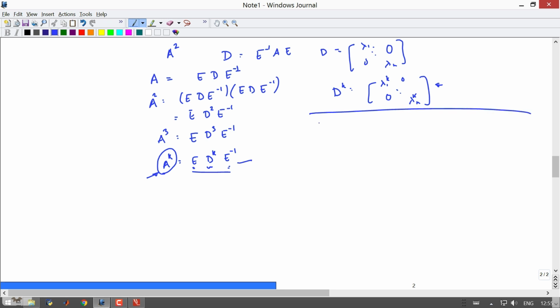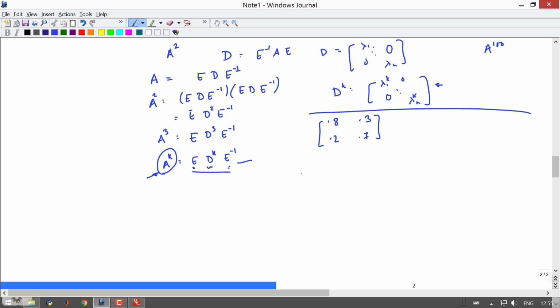If I come back to the Markov matrix example which we had in the previous lecture, 0.3, 0.7, we were interested in computing the value of A power 100, right? So let's revisit this and see if we can verify the results that we had earlier.